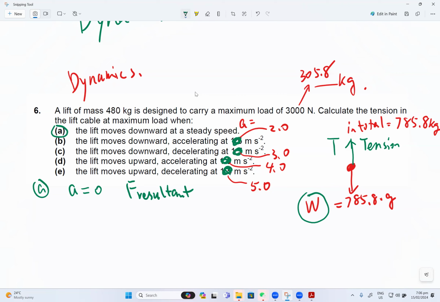Those forces give you the same effect as a single force. That single force is called the resultant force. So acceleration 0, resultant force 0, which means T equals W. So you can calculate T, just mg, 785.8 times 9.81.